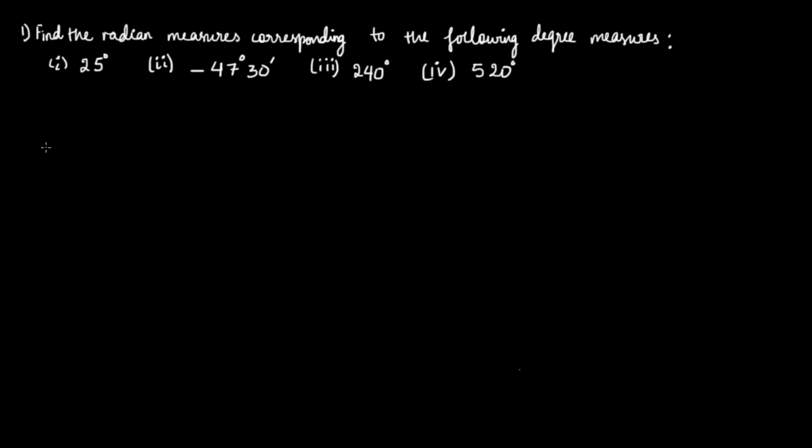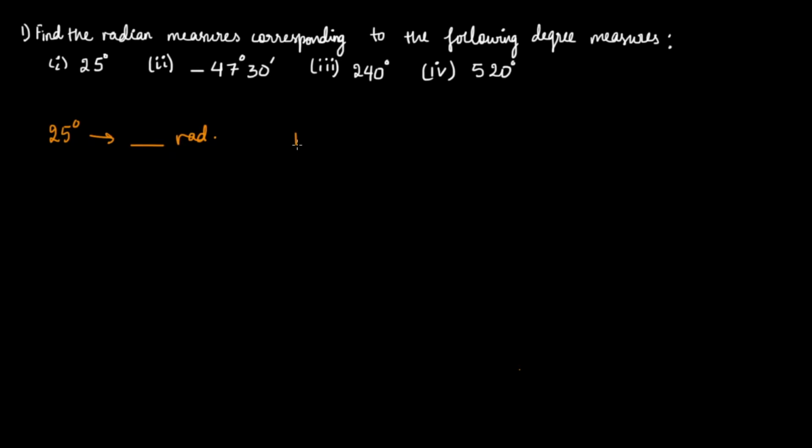Okay, so we are told to find the radian measures corresponding to the following degree measures. Let's consider the first one. We are supposed to convert 25 degrees to radians, right?